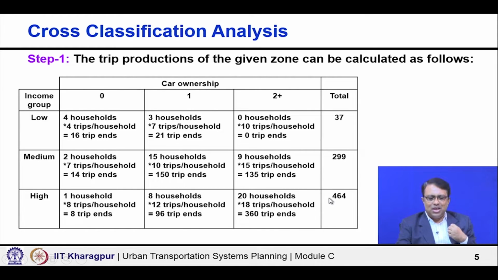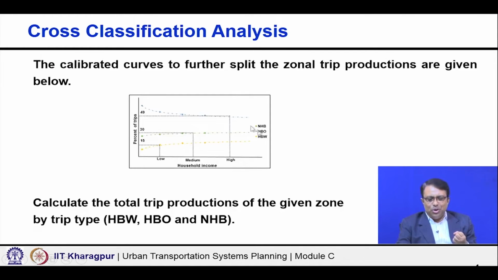Now, we also have another input given to us. For each income group, whatever total trips are produced, what percentage will be home based work, home based other and non home based trips.